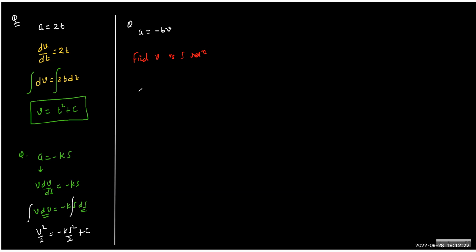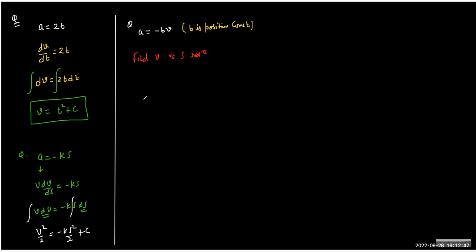So B is constant. Yeah, B is constant. So A is equal to minus BV.